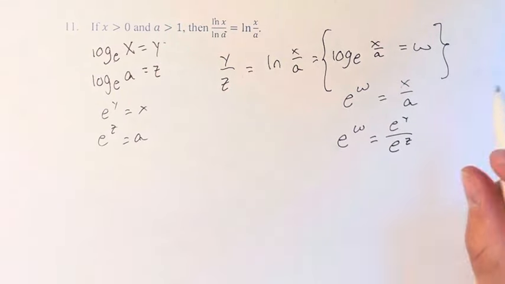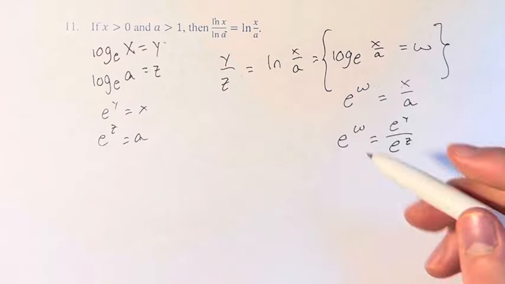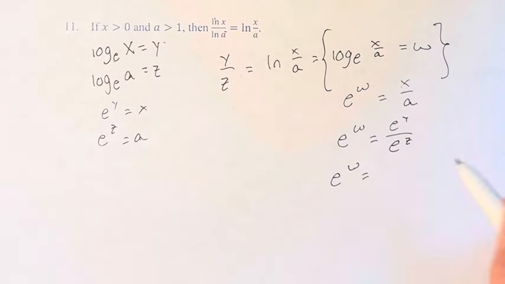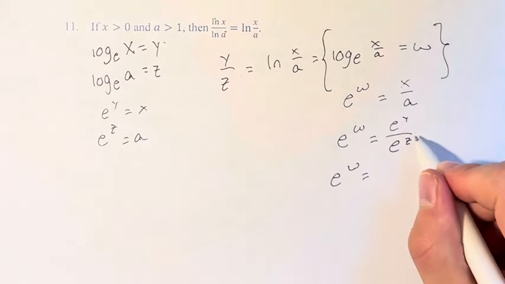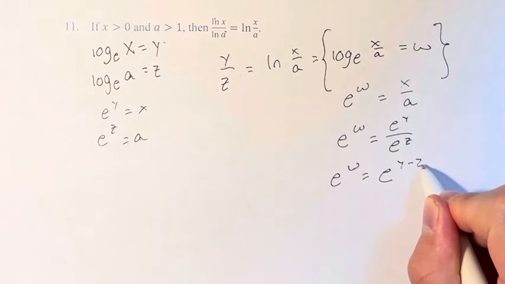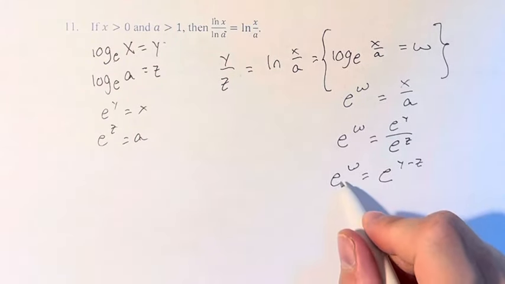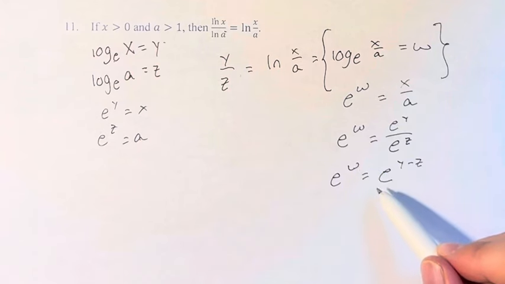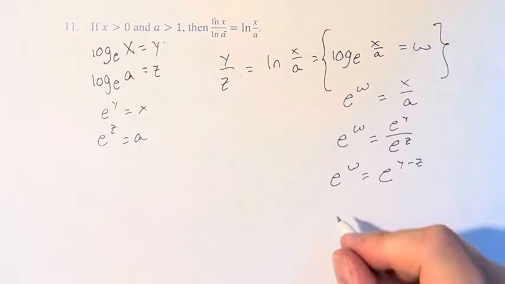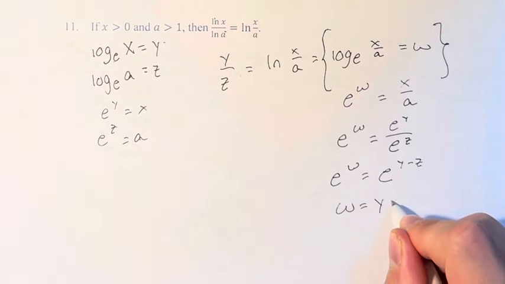Therefore, we can say that e to the w is equal to e to the y minus z. And if e to the w equals e to the y minus z, then w equals y minus z.